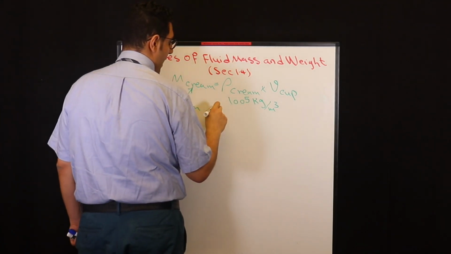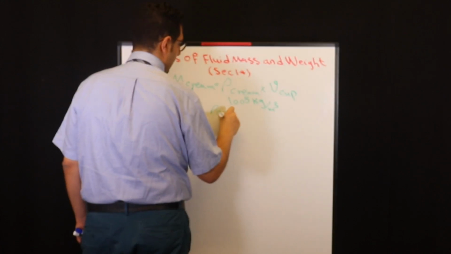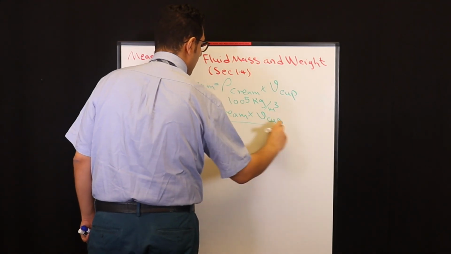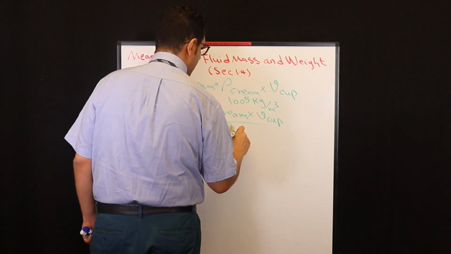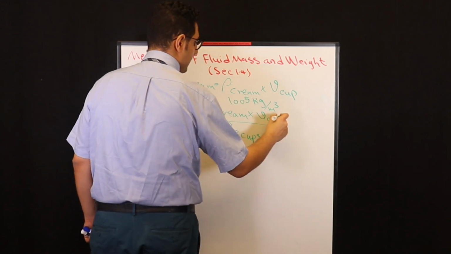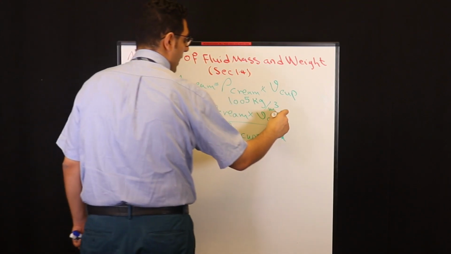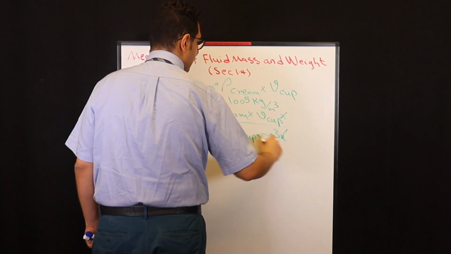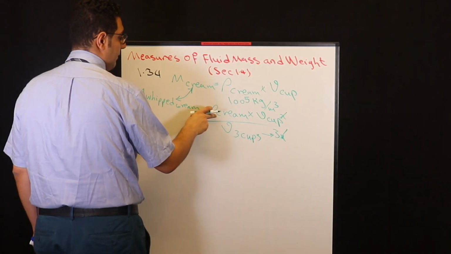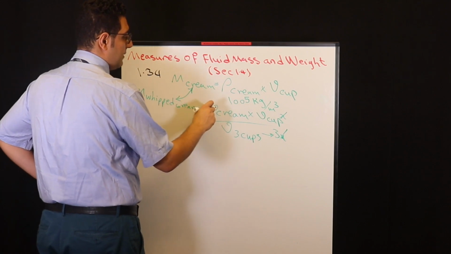So we have density of cream multiplied by volume of cup, 1 cup divided by volume of 3 cups, which is x, and this is 3 of x. We are gonna omit x and x in here, and substitute 1005 kilogram per cubic meter for density of cream.